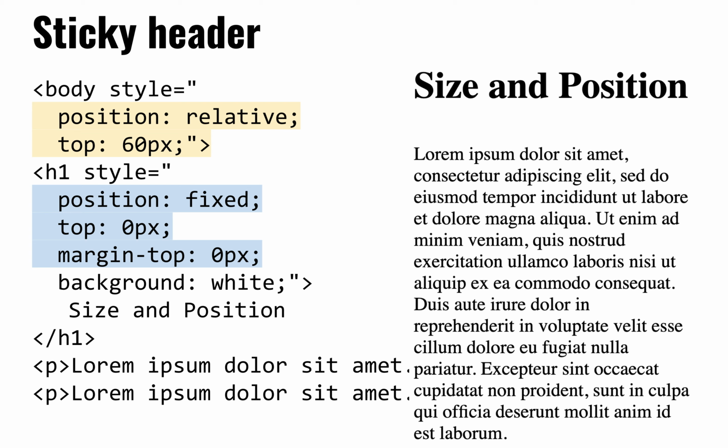Another couple of things, another position type value. Here we have position fixed. The first one we looked at is position relative, then we looked at position absolute, and here's the last one we're going to look at today, position fixed. Position fixed, like the name suggests, positions an element relative to the window.